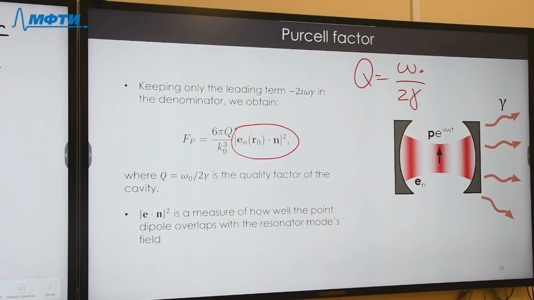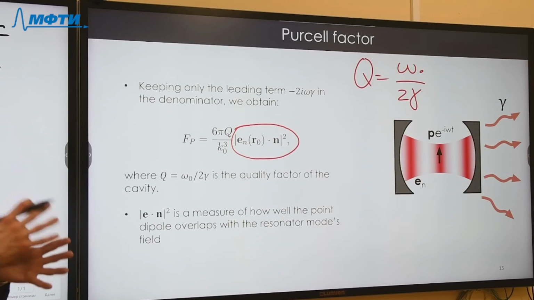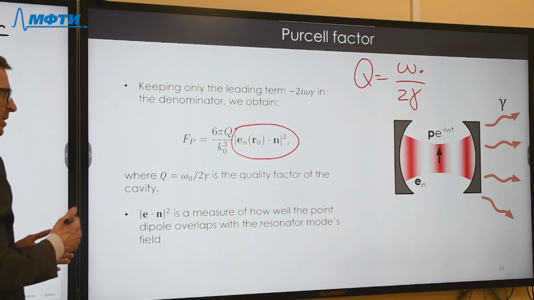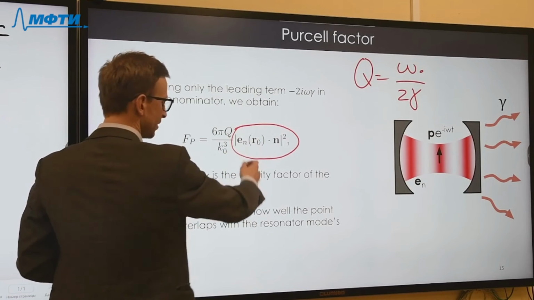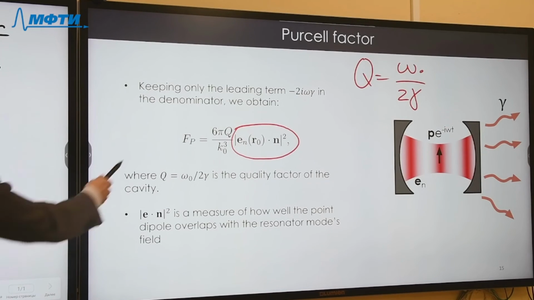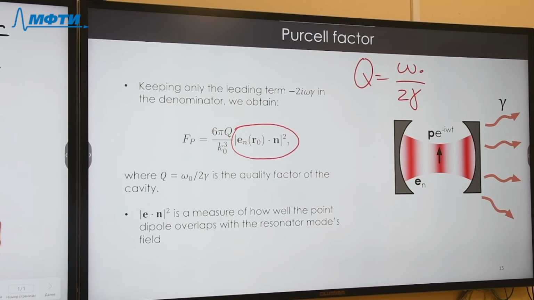This is a measure of how well the eigenmode of the cavity overlaps with the dipole. If, for example, the dipole is placed in the part of the cavity where the electric field is 0, then this dot product is also 0, and the dipole does not interact with the cavity at all, and the Purcell factor will be 0. There is no interaction between the dipole, the source, and the fields.